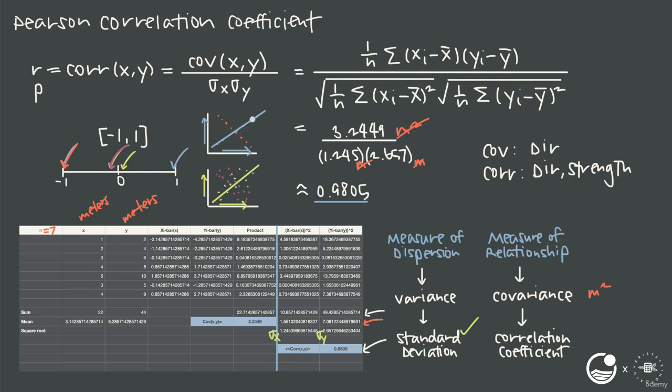And so as a business, we might choose to make slightly different decisions based on whether we get this blue data set or this green data set. But we only have insight into how strong this relationship is if we standardize our covariance statistic by dividing by the product of the standard deviations in order to turn it into this correlation measure.